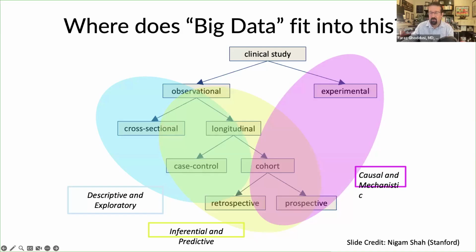And when we're looking at big data, specifically how it fits within the research world, it can help evaluate research questions that are descriptive, like what proportion of the population has familial hyperlipidemia. But really what's interesting is the exploratory side of things, where we're looking at things like what possible subtypes of autism are there.